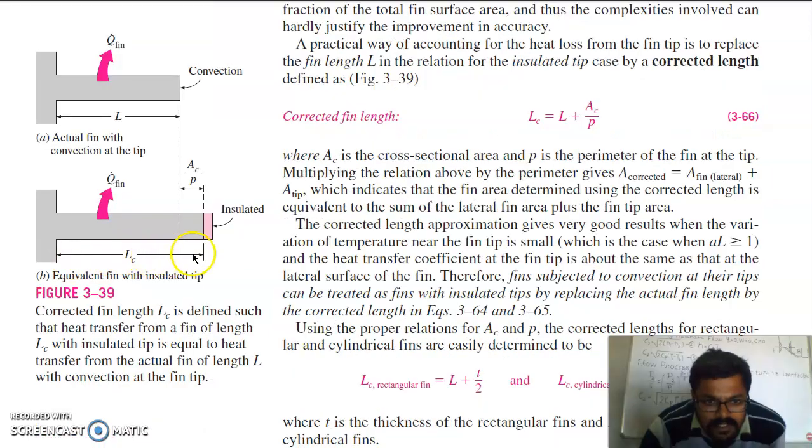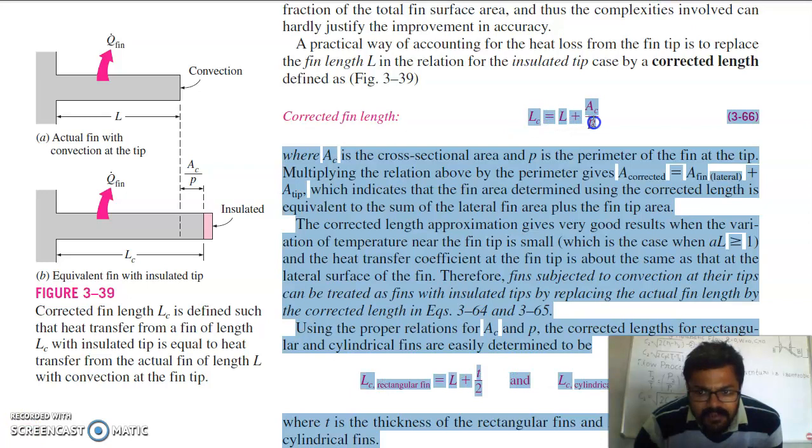So this is another case, an equivalent fin with insulated tip. Instead of this case, we can consider an insulated tip and Lc, which is the corrected length. The corrected fin length Lc is defined such that heat transfer from a fin of length Lc with insulated tip is equal to the heat transfer from the actual fin of length L with convection at the fin tip.